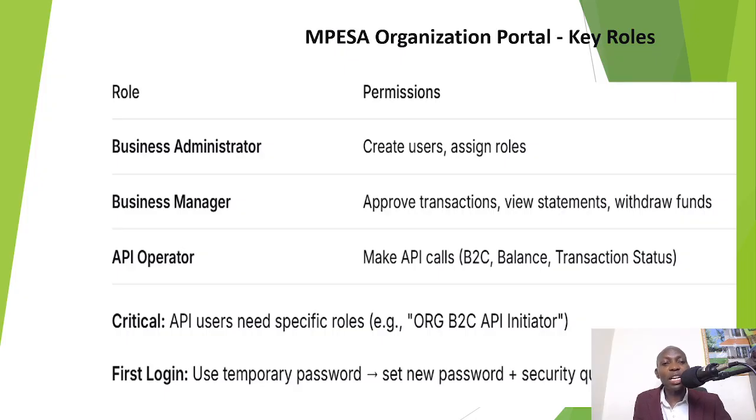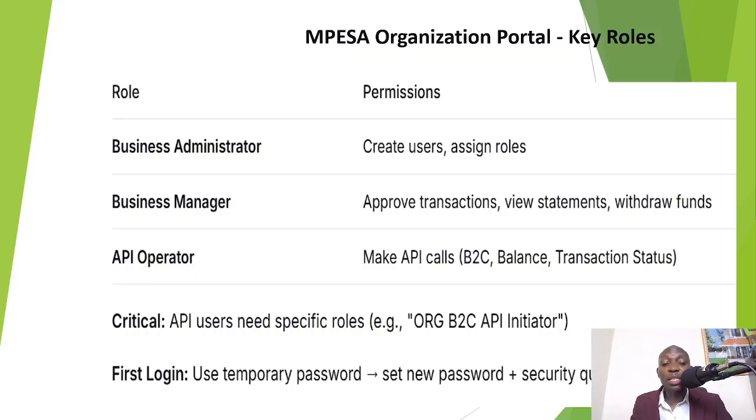The business administrator is the one who creates users and assigns roles. So any task that requires you to create a user or assign roles on the M-PESA organization portal will be done by the business administrator. He's the one who creates the initiate business manager. He's the one who creates the API operator.